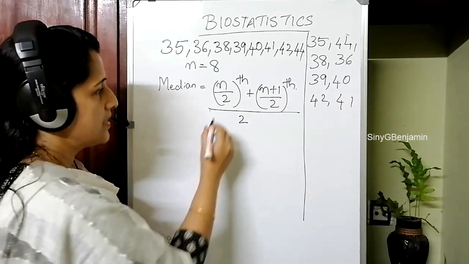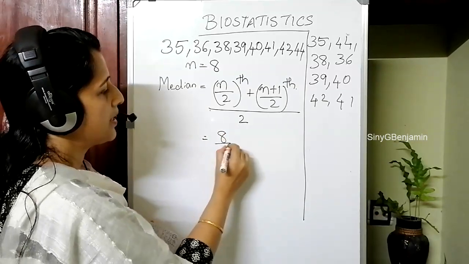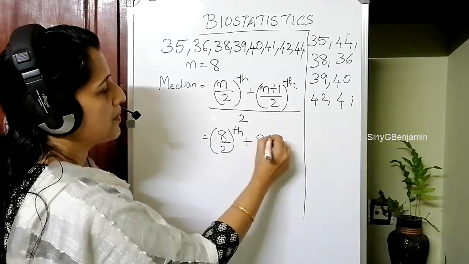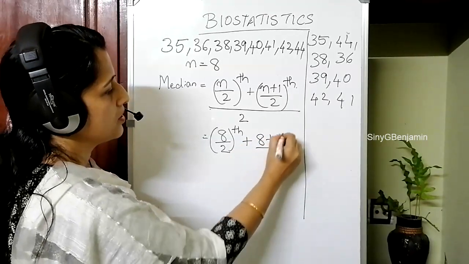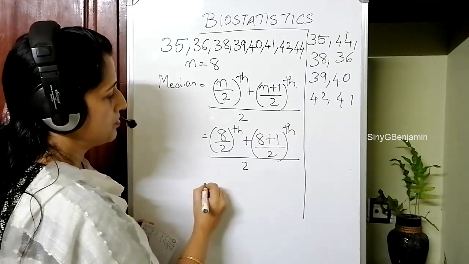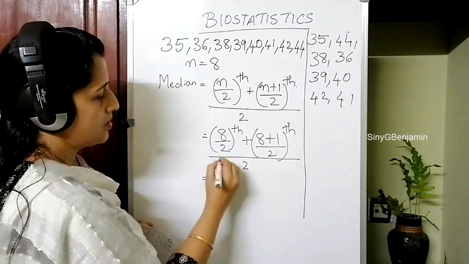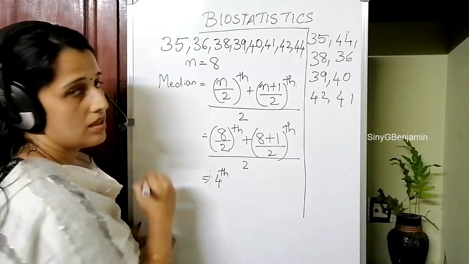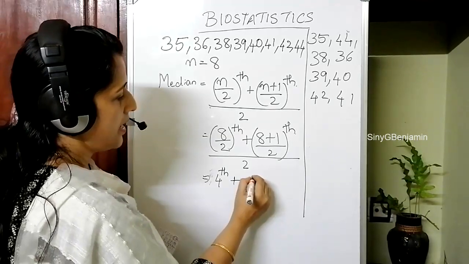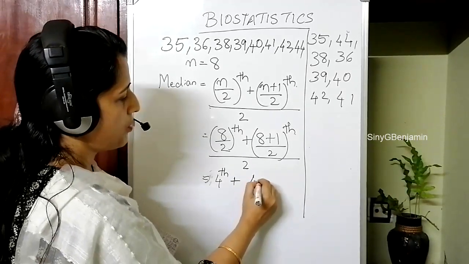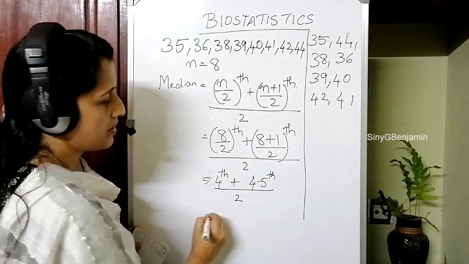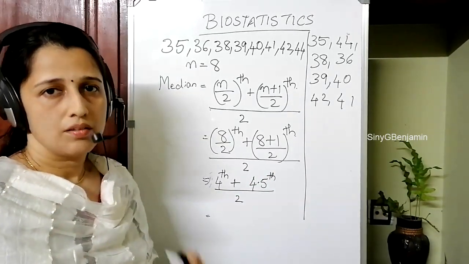So here n is 8. So 8 divided by 2 plus 8 plus 1 divided by 2. 8 divided by 2 is 4th item or 4th observation, plus 8 plus 1 is 9, 9 divided by 2 is 4.5 item.